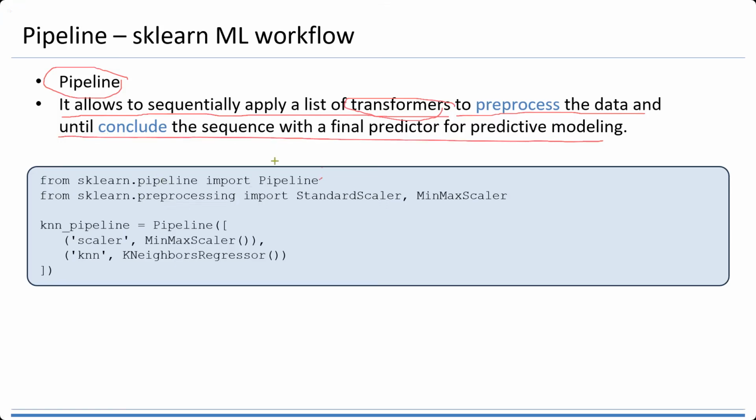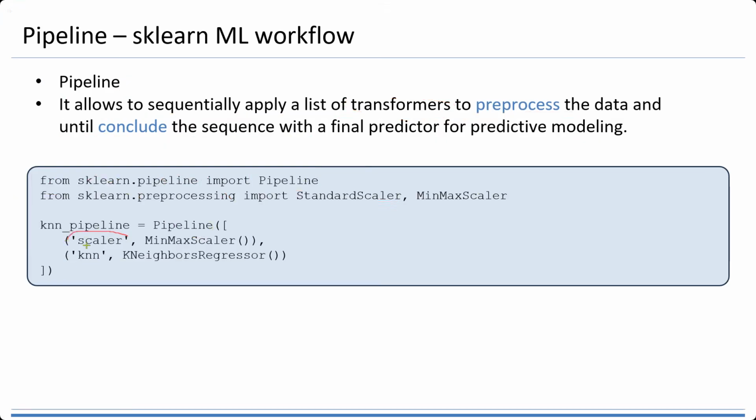We can use pipeline, which is from sklearn.pipeline. And for example, when you do the pre-processing, you learn about the standard scaler. You learn about the min-max scaler. Okay? So you use this scaler on your mid-exam data. And we use the pipeline to define it.